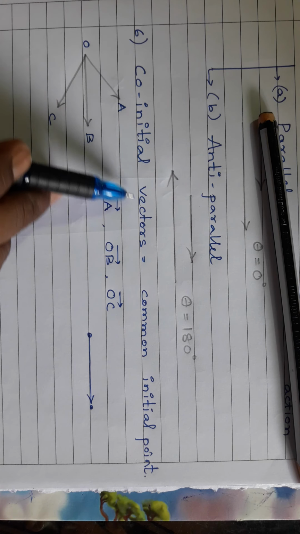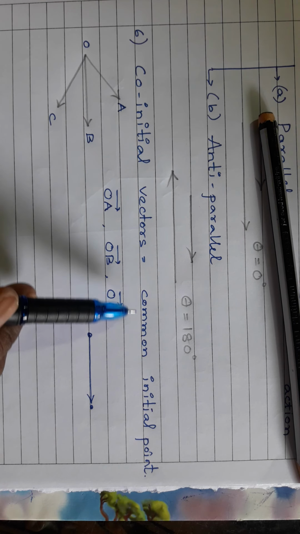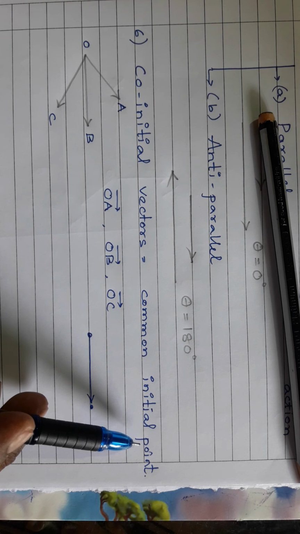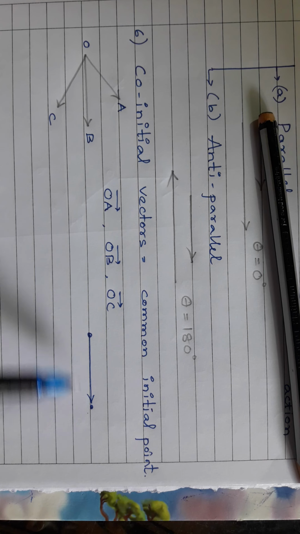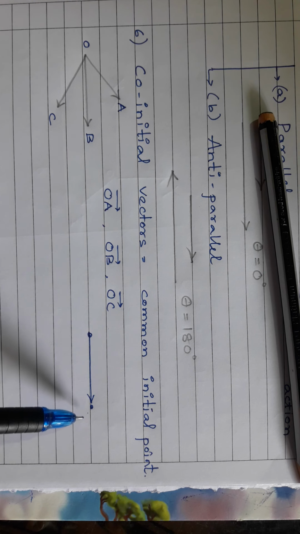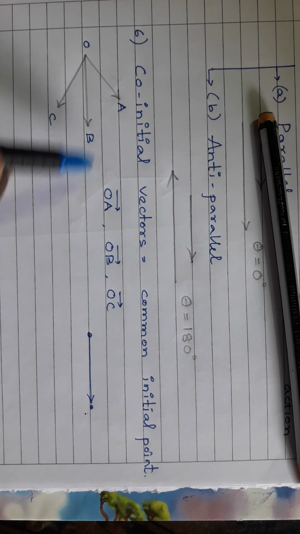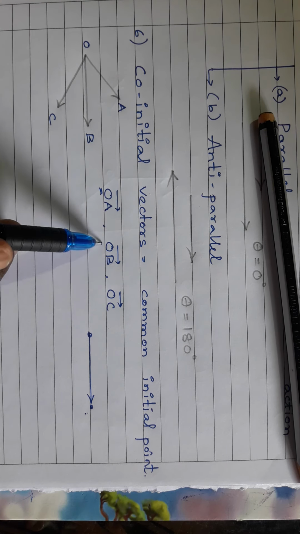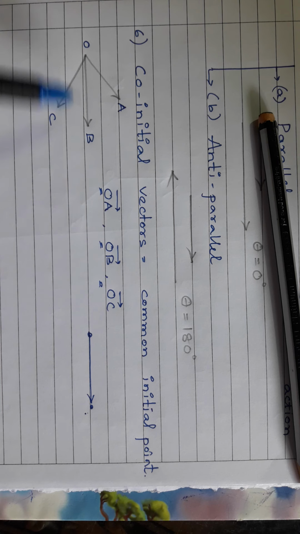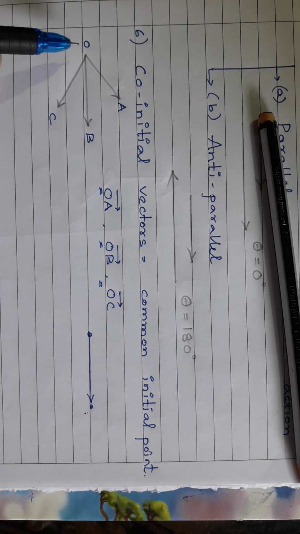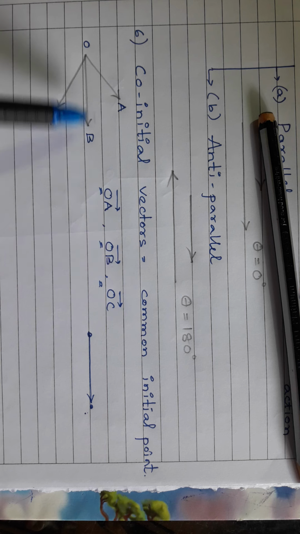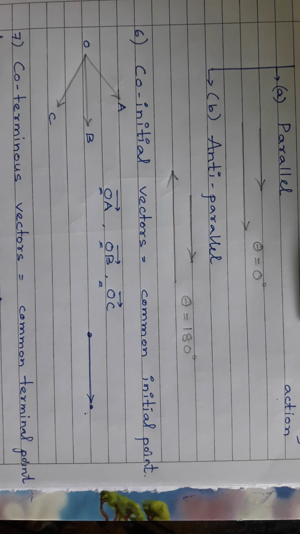Next comes co-initial vectors. Vectors having common initial point. Suppose this is a vector. This is called the initial point. This is called the final point or terminal point. Now OA, OB, OC are three vectors whose initial point is same. OA starting from O, OB starting from O, OC starting from O. So they are starting from common initial point O, and are known as co-initial vectors.